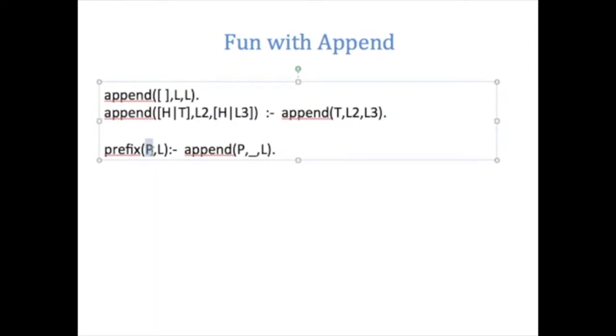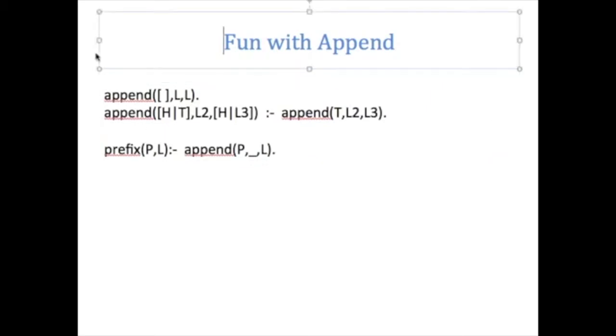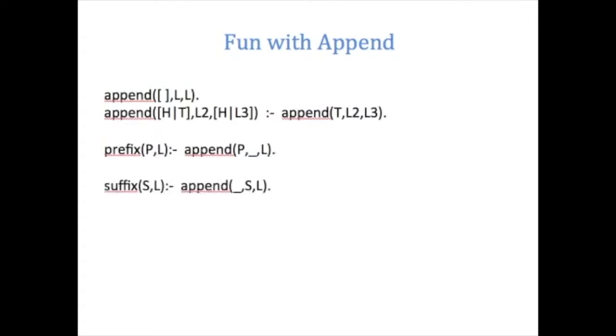Basically, we say that this list P is a prefix if P appended to anything results in L. Because P will be the first part of L, therefore it's a prefix, regardless of what's here. And what's more, because we can backtrack, we can find out all the possible prefixes of L.